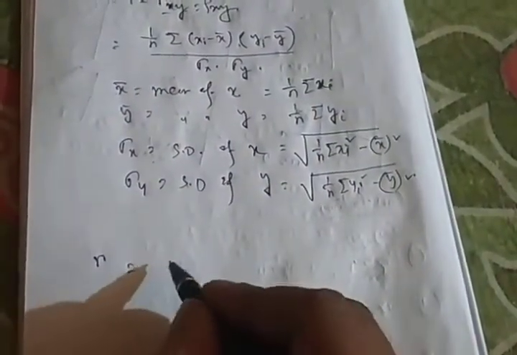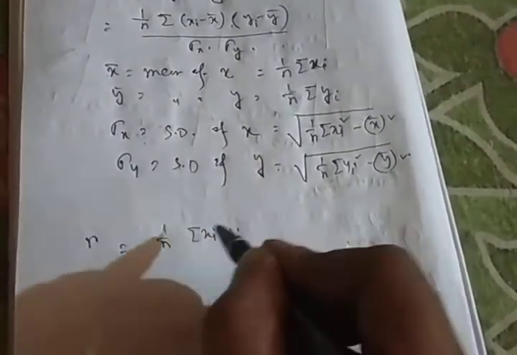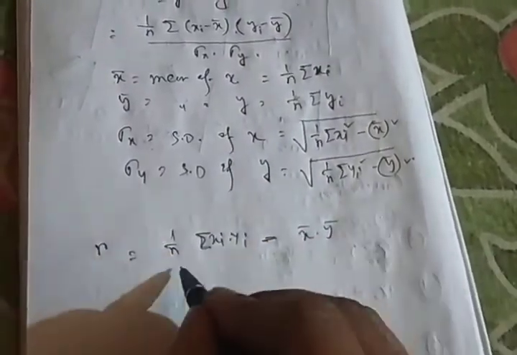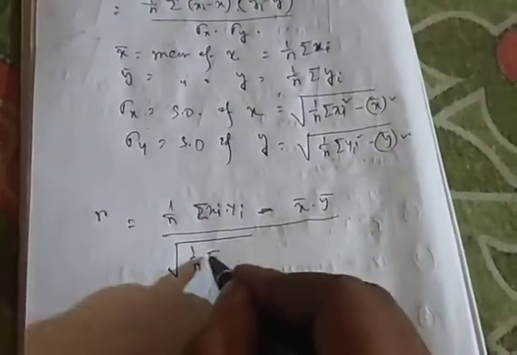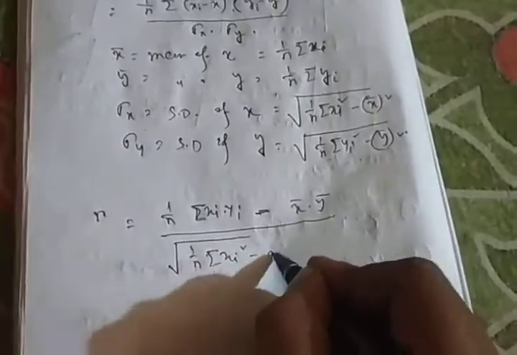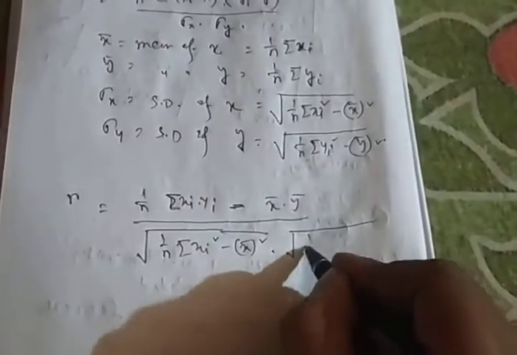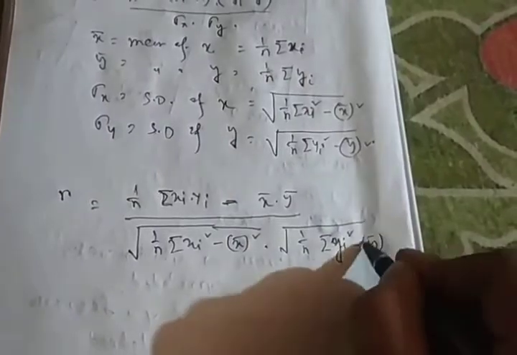Just put these in this part, and we can find the formula as R equals 1 by n summation xi into yi minus x bar into y bar, divided by root under 1 by n summation xi square minus x bar square, into root under 1 by n summation yi square minus y bar square.